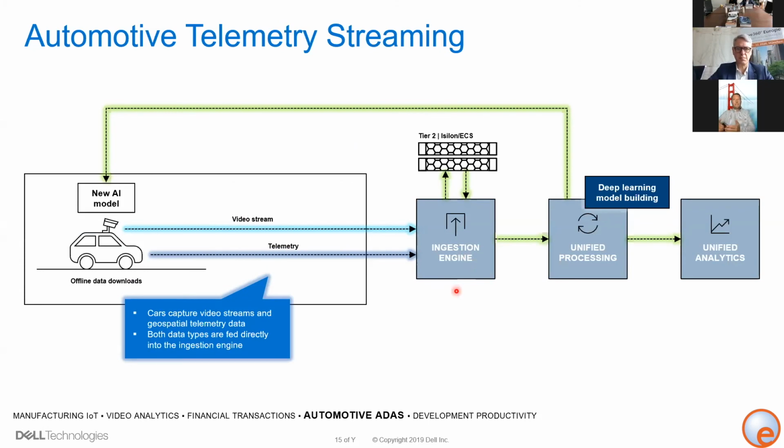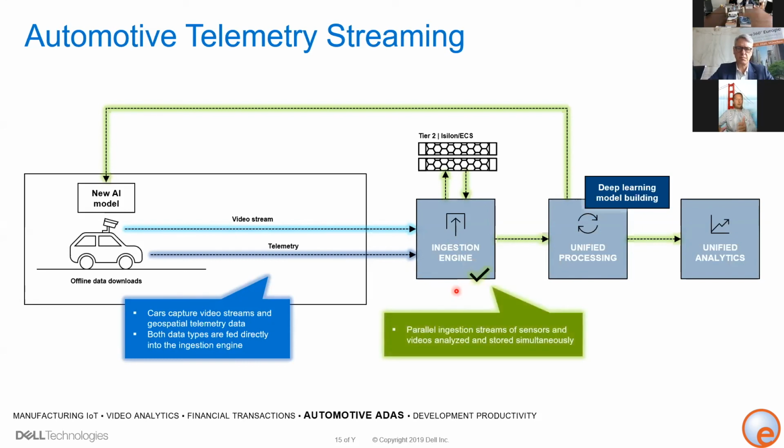And this data gets analyzed by your development teams to build a deep learning model to improve this functionality running in the vehicle. The concept is that this data is ingested automatically into your infrastructure and you can process the data in real time. So for example, you could detect events.